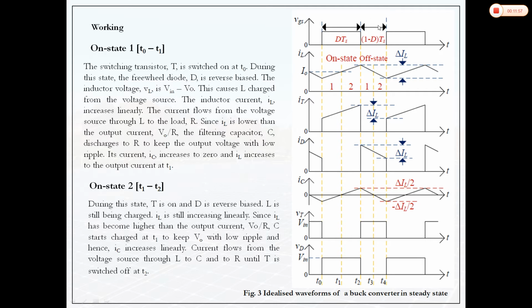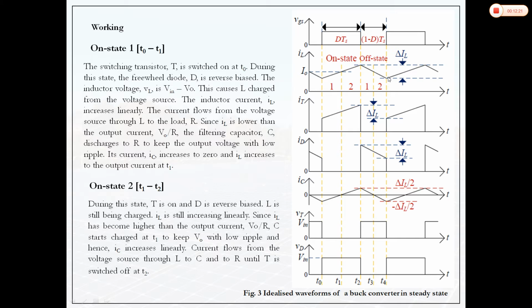One on state and one off state together make one switching period. You can see from here that at the end of the off period, the current will reach the initial value. So this is the inductor current waveform.